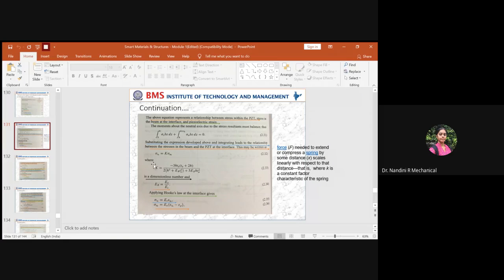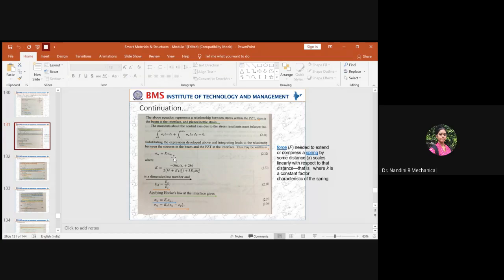So this constant of proportionality will provide you the ratio between the elastic modulus of the actuator and the elastic modulus of the structure. This you can achieve when you find a relationship between the stress across the structure and the stress across the actuator.